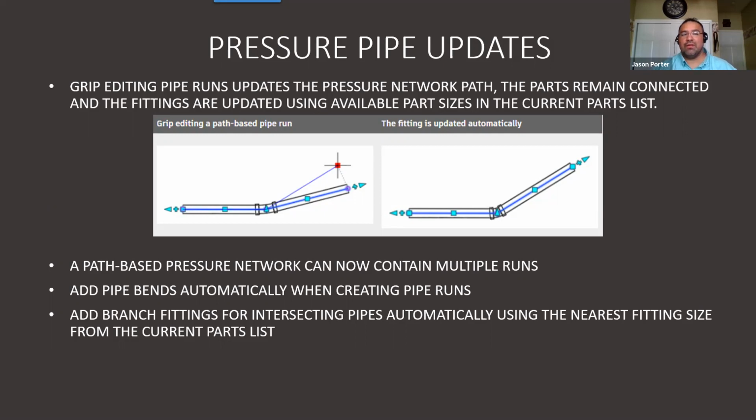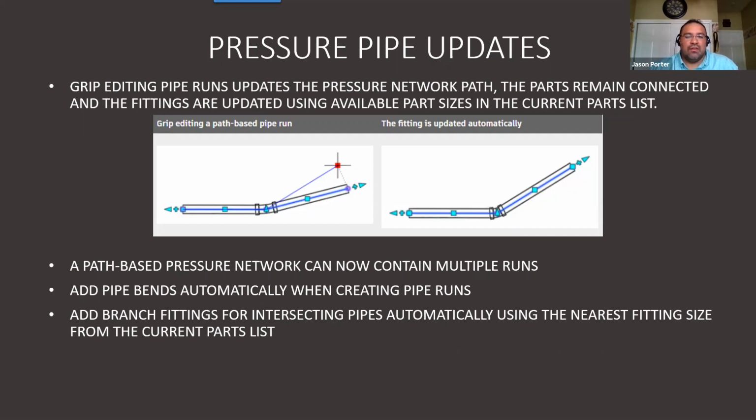I don't know if there's going to be year two, but based off what I've heard, they're going to be pushing a lot of pressure pipe updates in the future. Now, I'm not the Civil 3D decision maker at Autodesk, so I'm just going based off rumors I've heard. The big thing is now, when you create your pressure pipe network path, you also get an alignment that is tied to that network. If you edit the alignment, the network does follow that alignment.